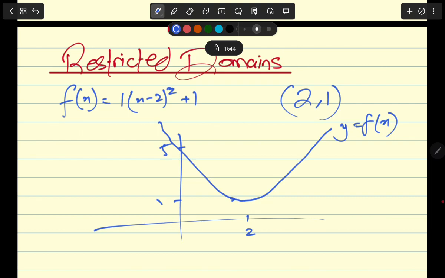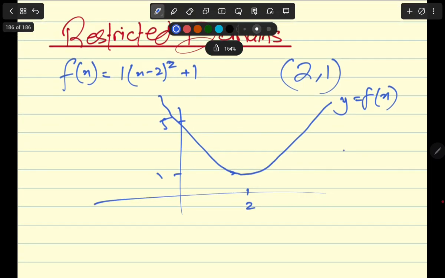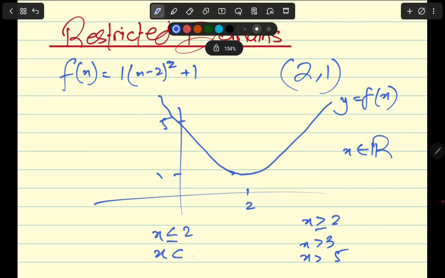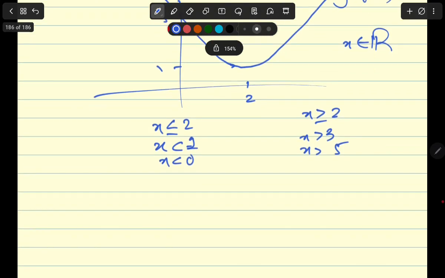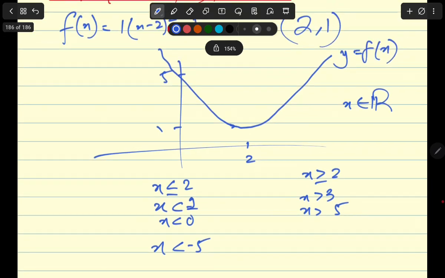Now if we are asked that given no restriction on the domain, which means that x belongs to all real numbers, does the inverse exist? Then we are going to say that there does not exist any inverse. However, if someone tells us that either the domain is greater than or equal to 2, or greater than 3, or x is greater than 5 or something, or they say that x is less than or equal to 2, less than 1, x is less than 0, or x is less than minus 5 or something of that sort, where in the domain the turning point is not existing.